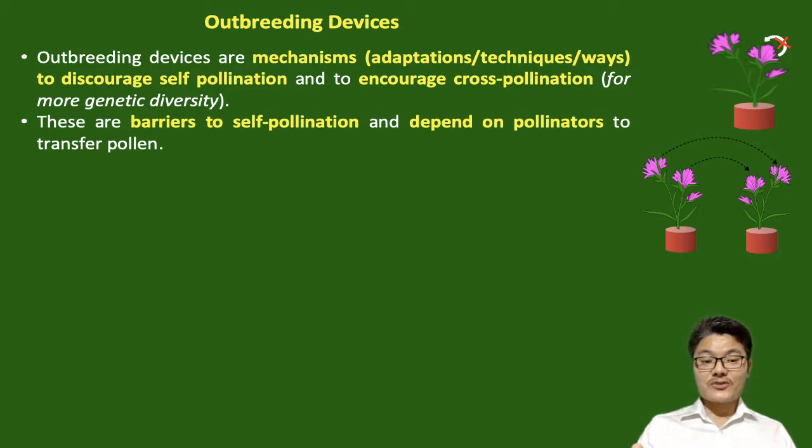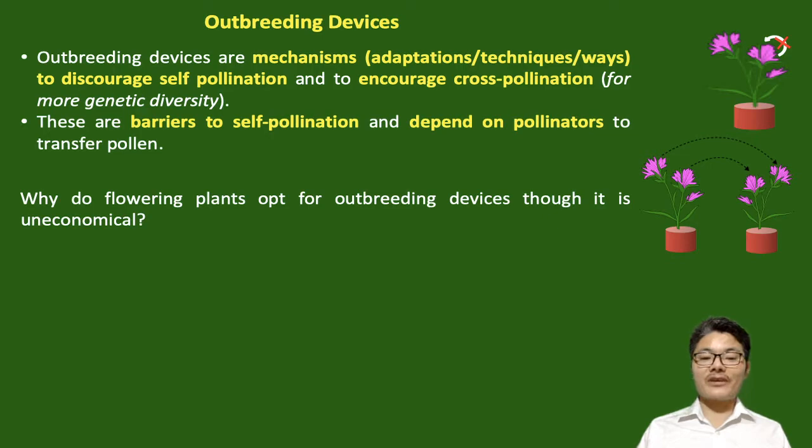And these are usually barriers to self-pollination, as we had discussed. And outbreeding devices usually make use of external pollinators so that they can undergo cross-pollination. Why do flowering plants opt for outbreeding devices though it is uneconomical?